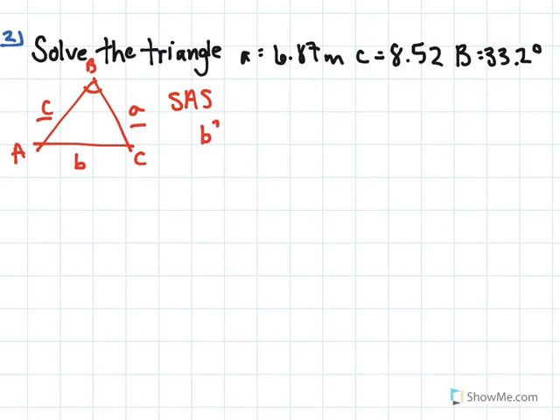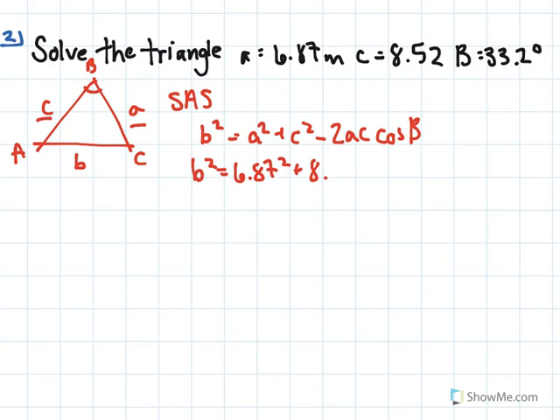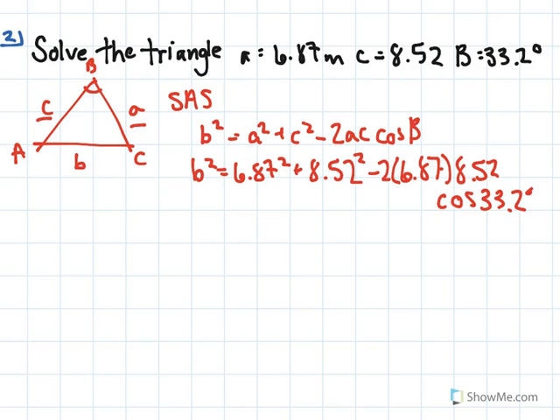We know that b squared is going to be equal to a squared plus c squared minus 2ac cosine B. So we can plug our values in. b squared equals 6.87 squared plus 8.52 squared minus 2 times 6.87 times 8.52 times cosine of 33.2 degrees.